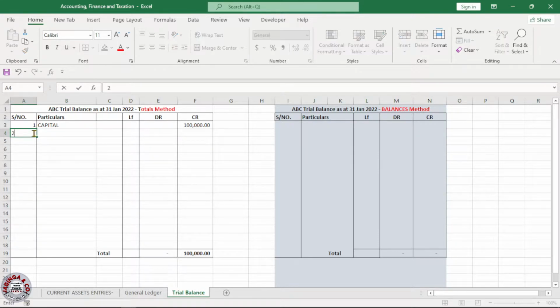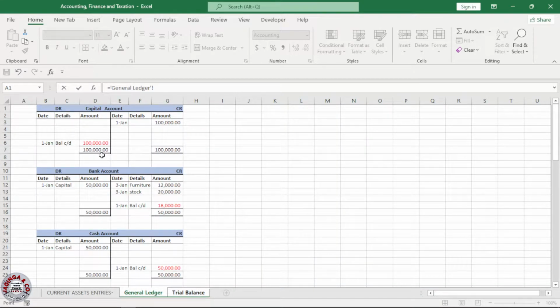Then the next one we have is bank account. In bank account we have both debit totals and credit totals.